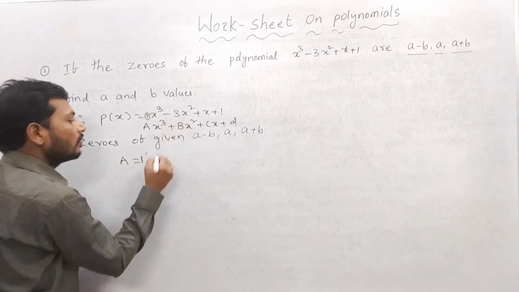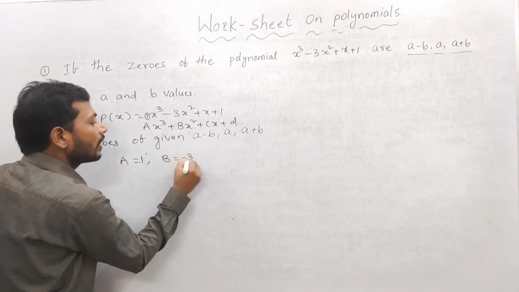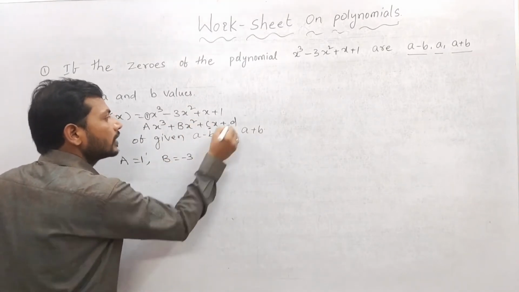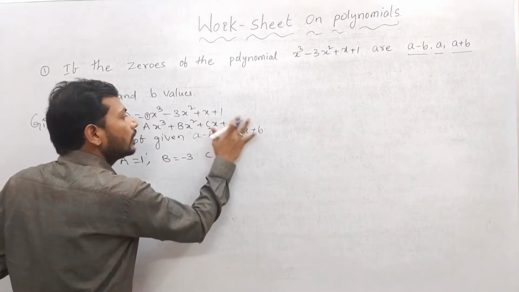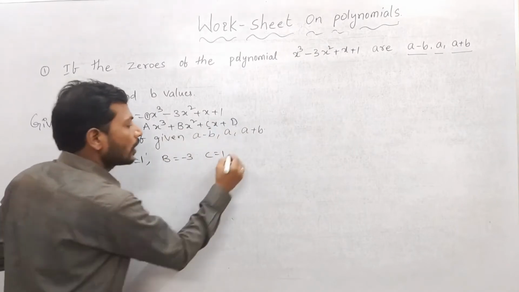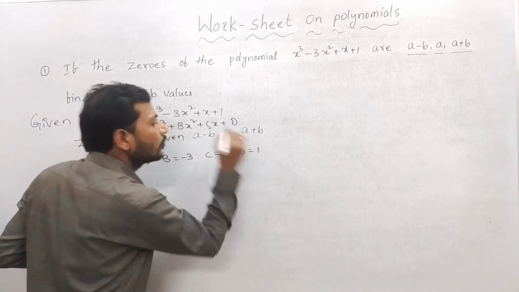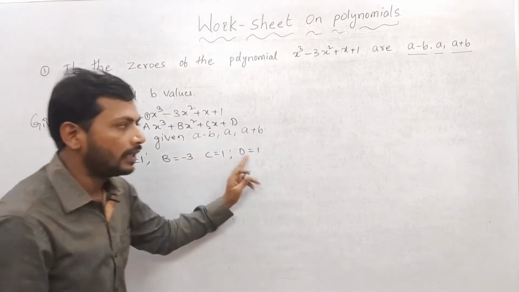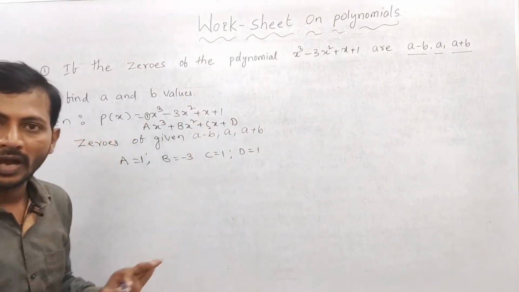In the place of the b, minus 3 is there. In the place of the c, what is there? Again, 1 is there, sir. In the place of the d, I am going to write capital D because everything I have taken as capital, so d equals 1. So now you got a, b, c, d values from the equation.